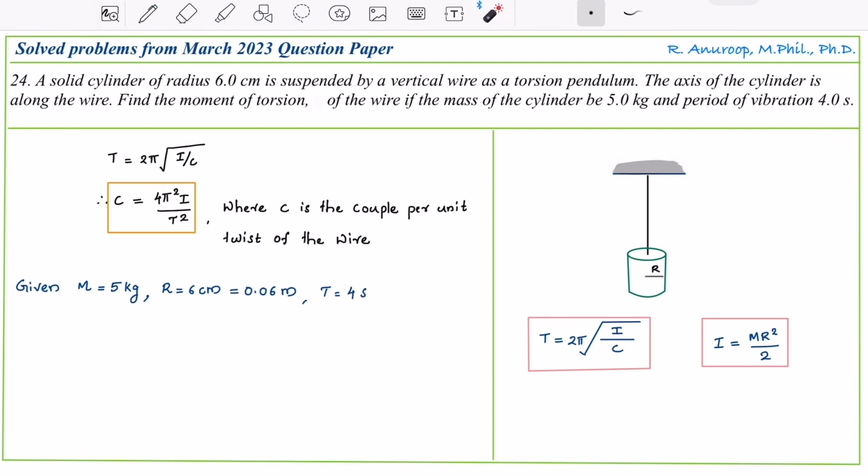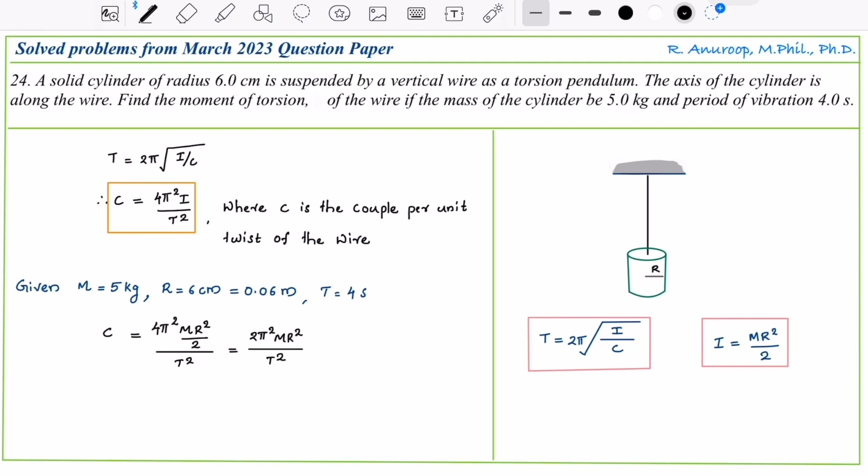Since the moment of inertia of the cylinder about its axis is mr square by 2, we can write the equation of C as 4 pi square, then I is mr square by 2 divided by T square, and that is equal to 2 pi square mr square by T square.